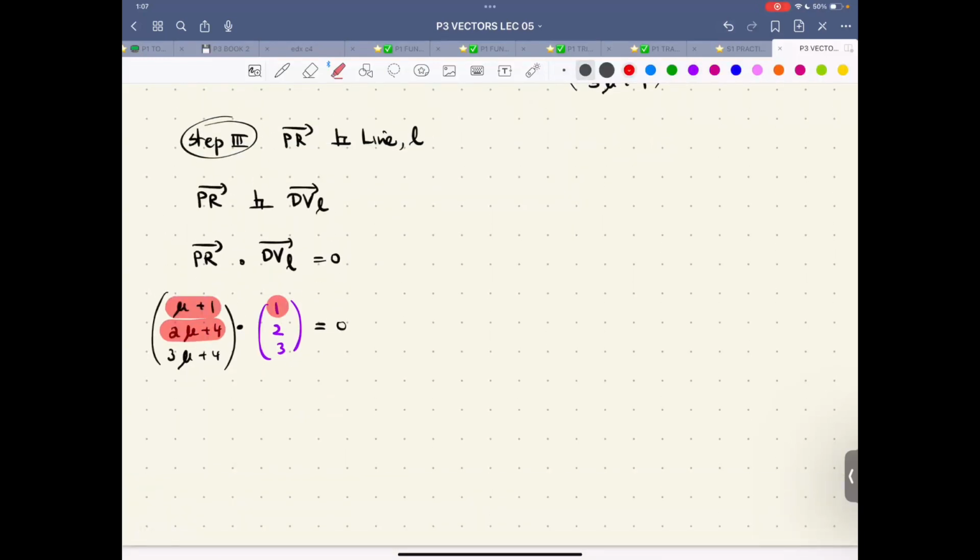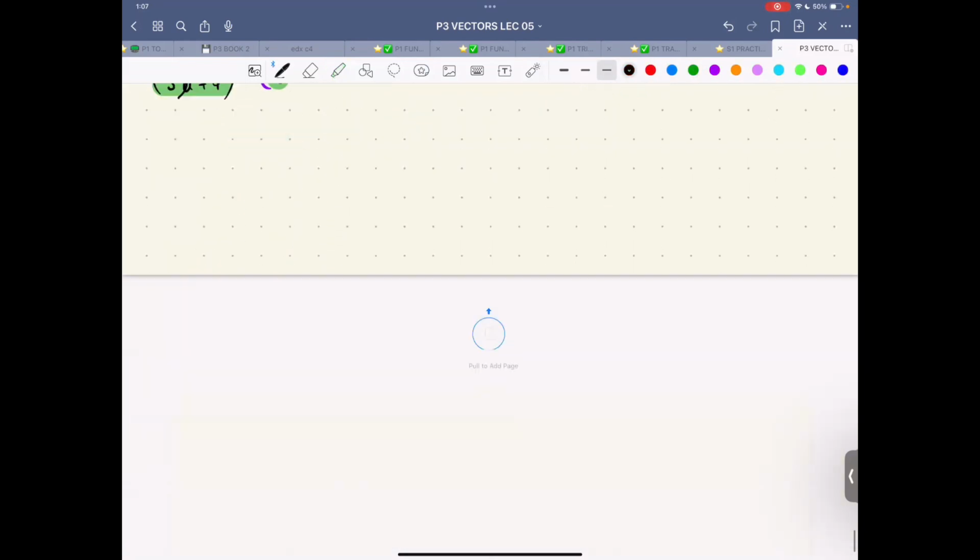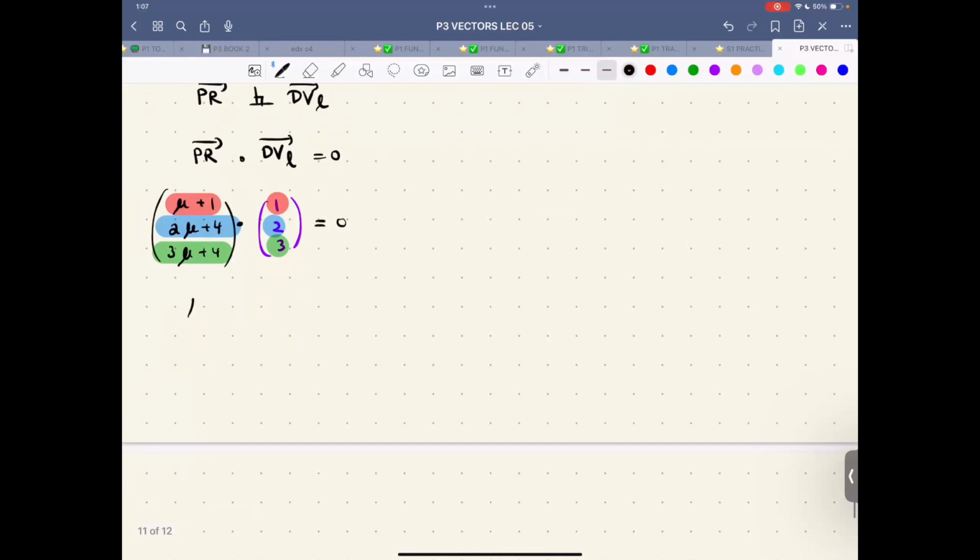This multiplies with this, and this green multiplies with this. So therefore, just extend it. So mu plus 1 into 1 plus 2 mu plus 4 into 2, and this is 3 mu plus 4 into 3 equals 0.